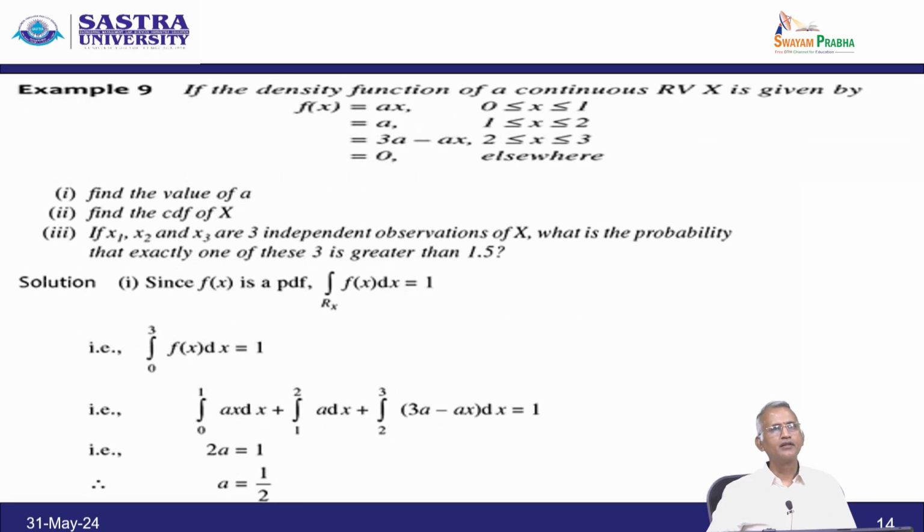Next example: if the density function of a continuous random variable x is given by f of x equal to ax when x lies between 0 and 1, a if x lies between 1 and 2, and 3a minus ax when x lies between 2 and 3, otherwise 0.